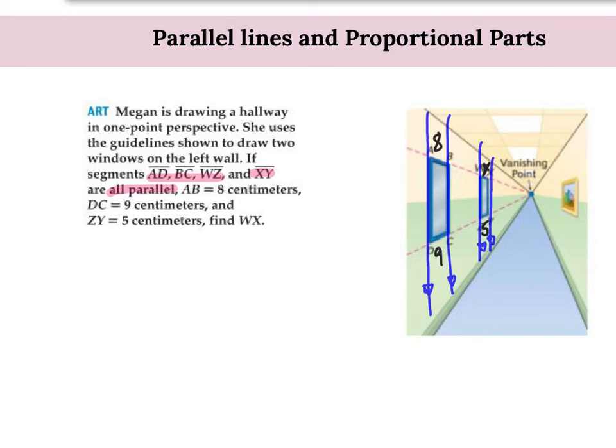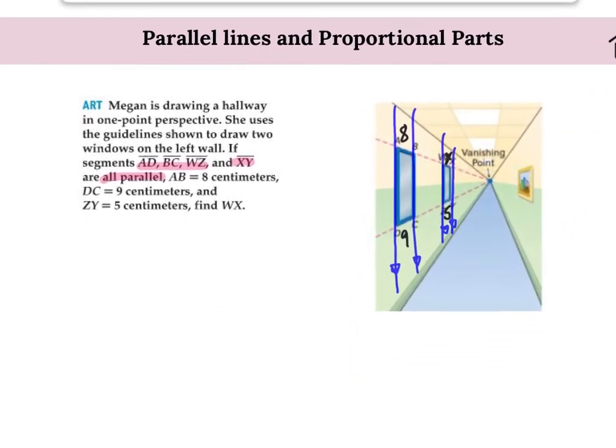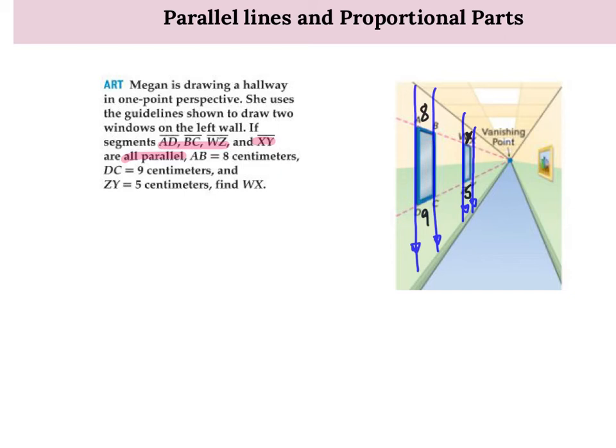Right, knowing what I know about the, which theorem was it? The proportional parts of parallel lines, okay? I know that if I have parallel lines, aka my blue window lines here, that are cut by 2 transversals, these dotted lines here, then my segments have to be proportional.